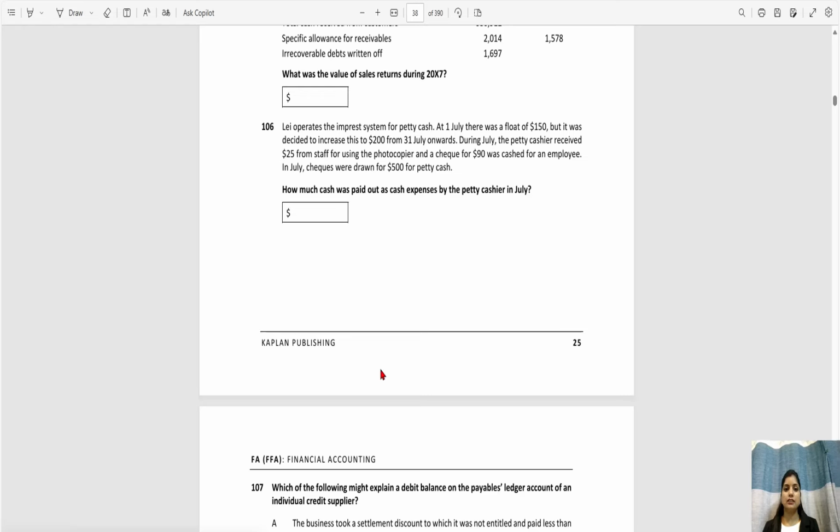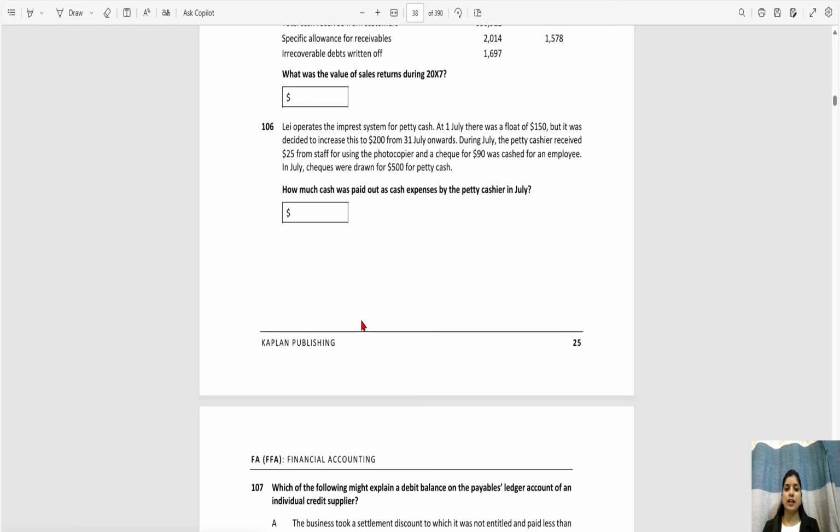So let's start question number 106. How much cash was paid out as a cash expense by the petty cashier in July? The scenario is Lee operates an imprest system for the petty cash.